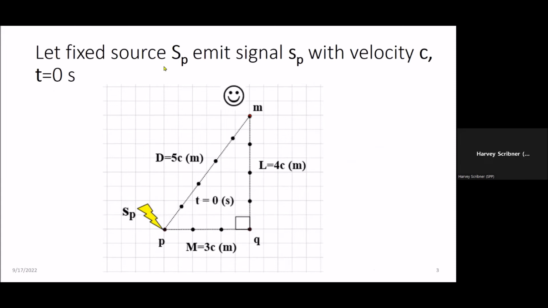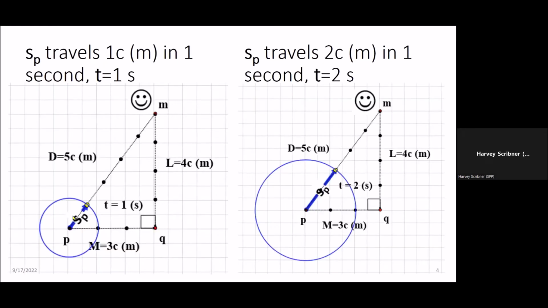So when I say time t equals 0, it's a process that we evolve through time, where you have energy and mass and things with certain trajectories. And at time t equals 0, we have a flash of light here at the location P. And then in 1 second, it will have gone to this location here.